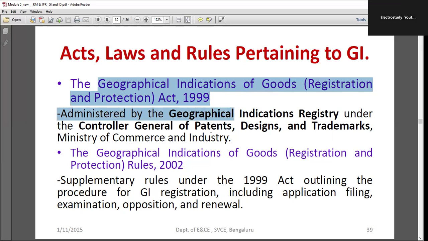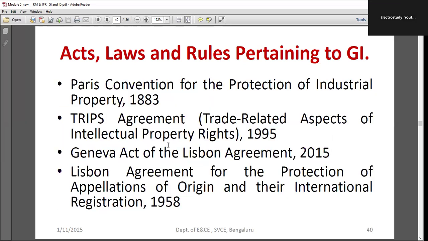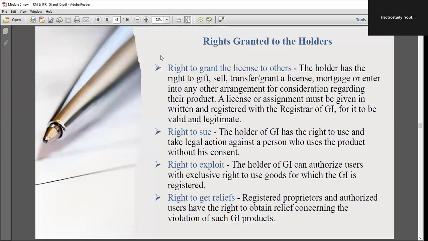For international, it is the Paris Convention for the Protection of Industrial Property, 1883, TRIPS Agreement 1995, Geneva Act 2015, Lisbon Agreement. Those things you are supposed to talk about at the international level. You have to elaborate briefly so that you will get full marks. It will be like 4 plus 6.